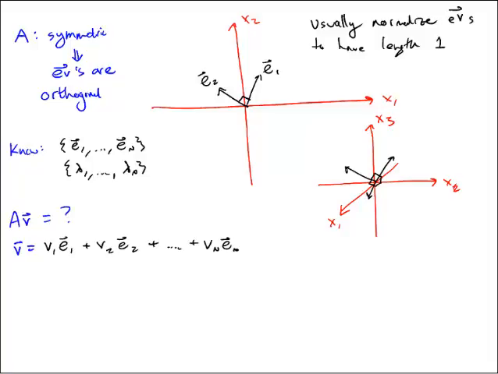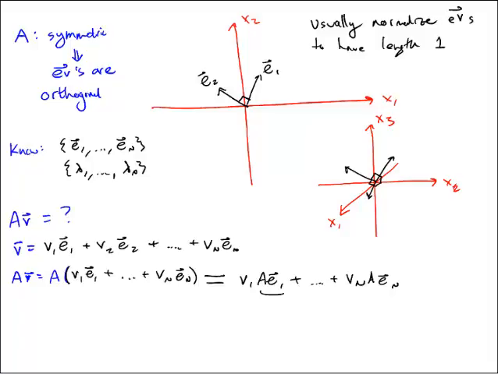plus Vn times En. And plugging that into our equation gives us AV equals A times V1 E1 plus dot dot dot plus Vn En. And we can use the distributive property to say that that equals V1 times A E1 plus dot dot dot plus Vn times A En, where I've moved the V's to the left of the A's because they're just numbers, so we can move them around without any problem.